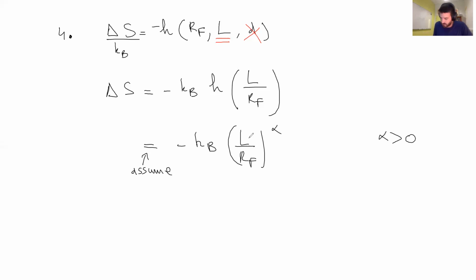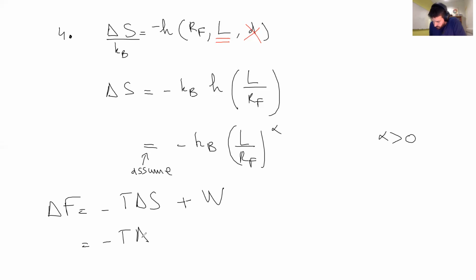So I can construct delta F, which is the variation of free energy, which is minus T delta S, plus the work. The work is provided by what?